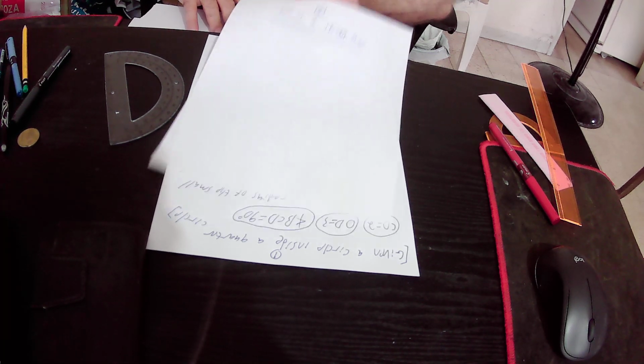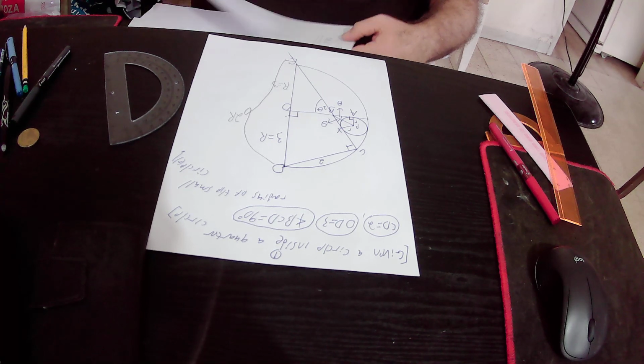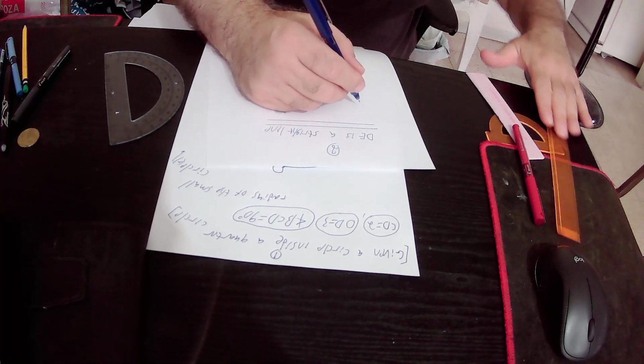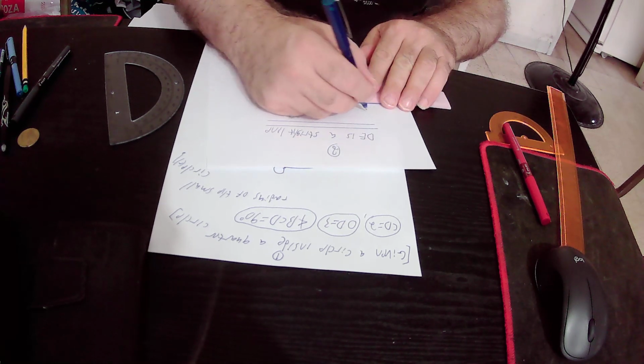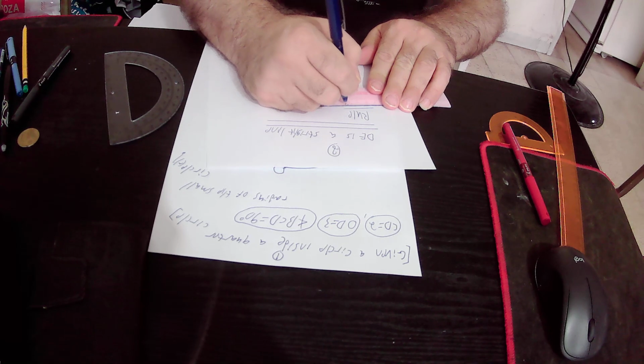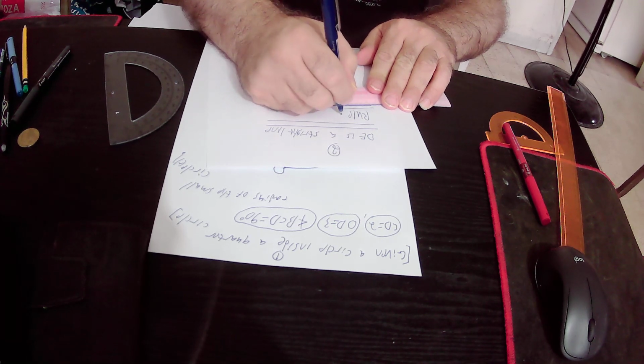Okay, DE is a straight line, and we have a rule that states that the sum of the angles on a straight line equals 180 degrees.